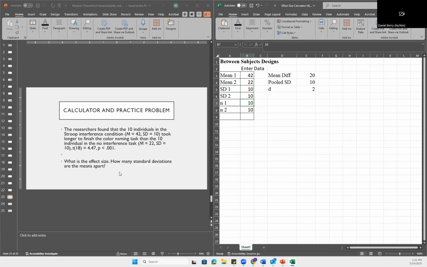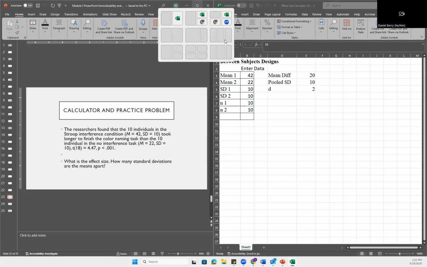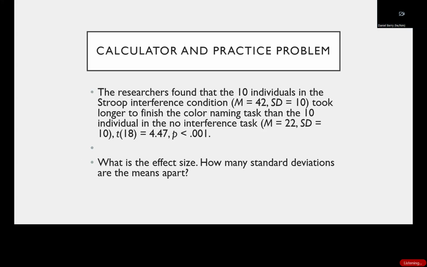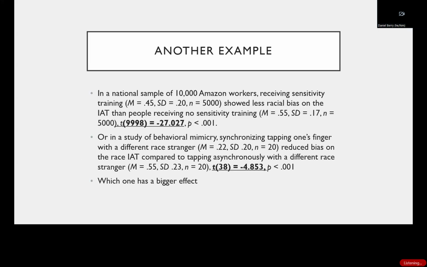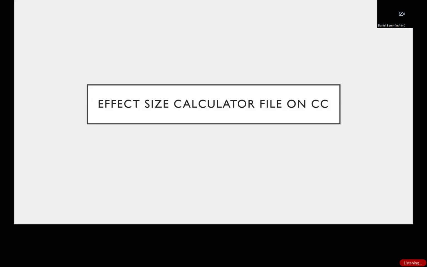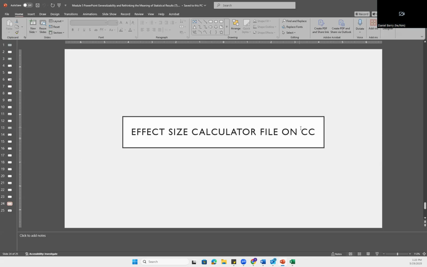So here we found that these two means are two standard deviations apart. That's a really big effect. You can find this calculator on D2L, not CC, that's a different website.